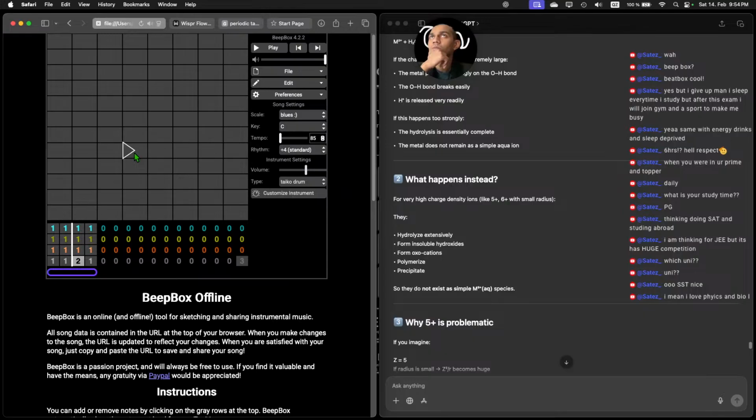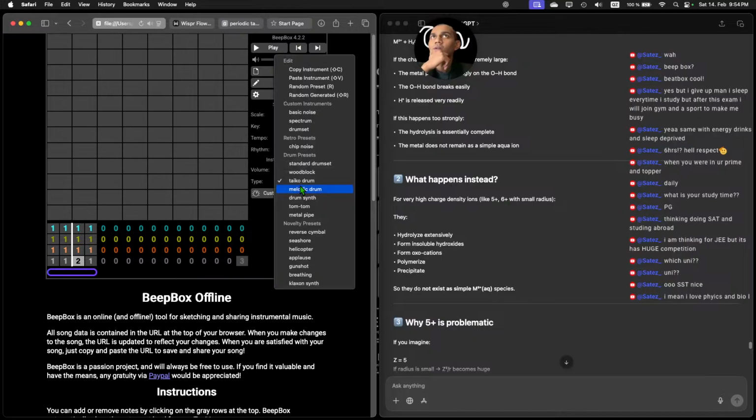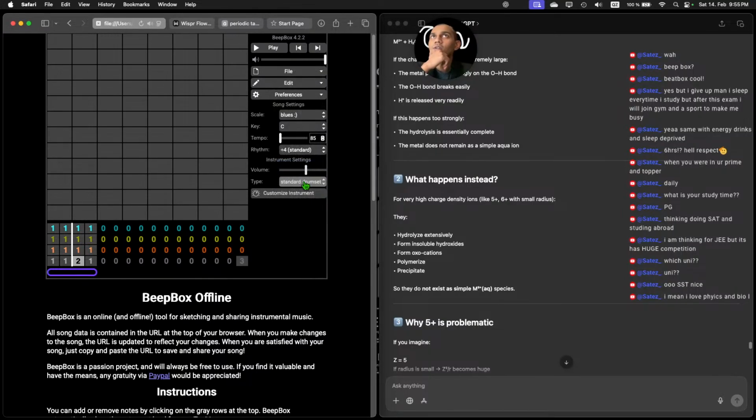Tokyo drum. No, standard drum set. Yep. Let's go 5.